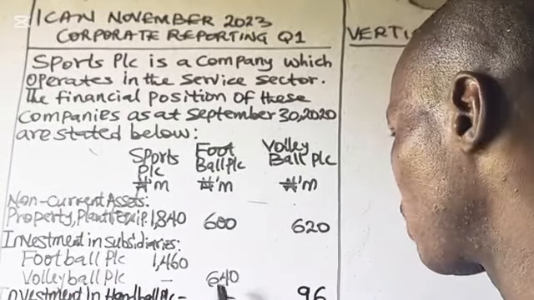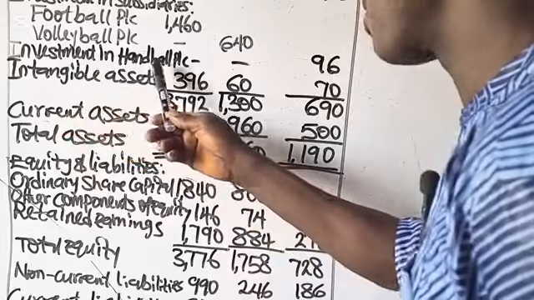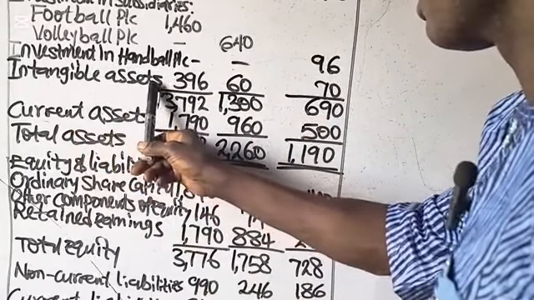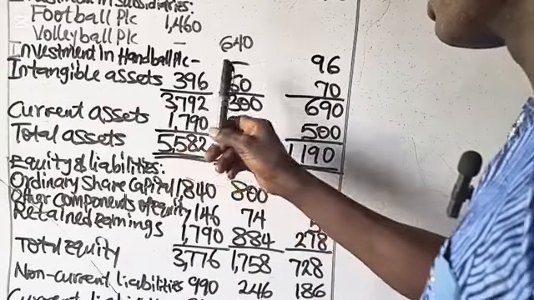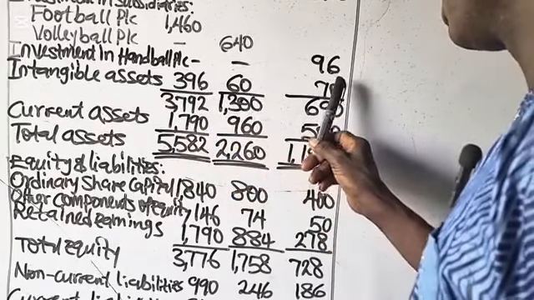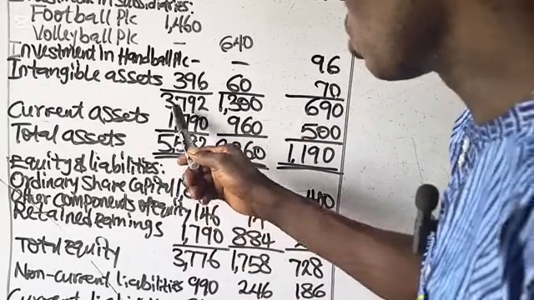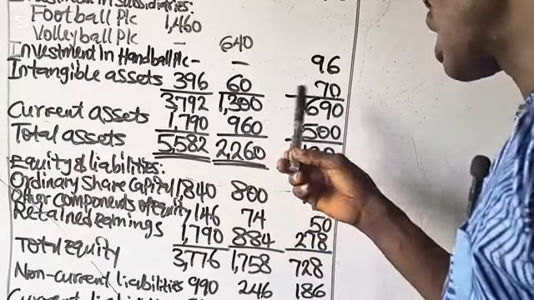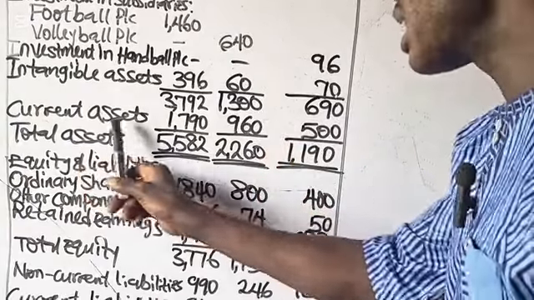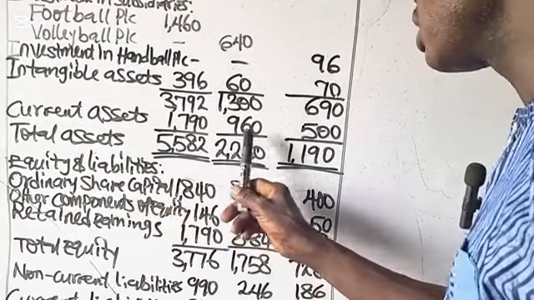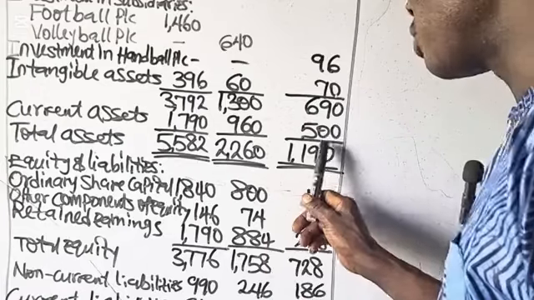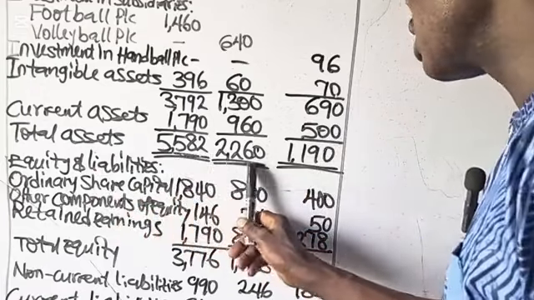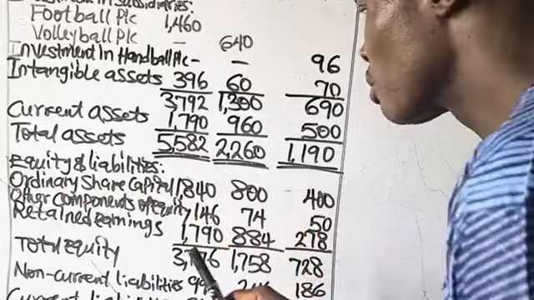Volleyball PLC, 640. Investment in Handball PLC, 96. Intangible assets: 396, 60, and 70. Total non-current assets: 3,792, 1,300, and 690. Current assets: 1,790, 960, and 500. Total assets: 5,582, 2,260, and 1,190.